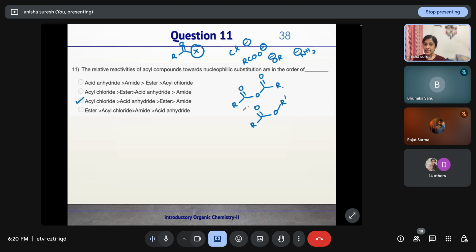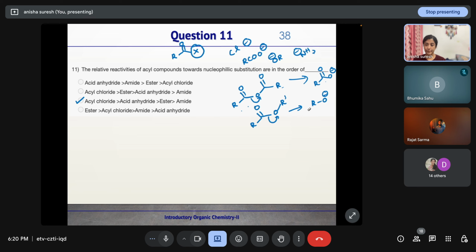If we add some nucleophile, this will be the leaving group here, RCOO minus, in the case of acid anhydride, and the leaving group in the case of ester will be RO minus.